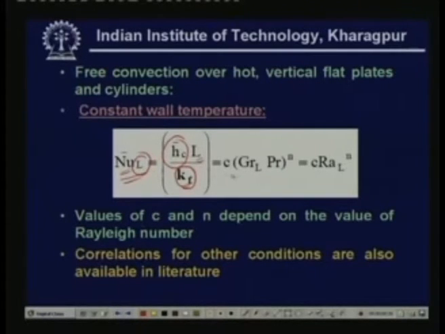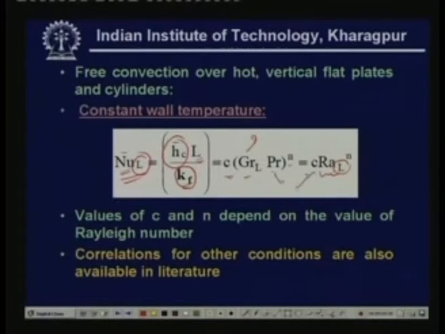Okay, that is equal to C into Gr subscript L into Pr to the power of n, where Gr is the Grashof number, Pr is the Prandtl number, and the product of Grashof and Prandtl number is called the Rayleigh number. Okay, Ra. And here the subscript L means the characteristic length should be L, that is the height of the plate, right.